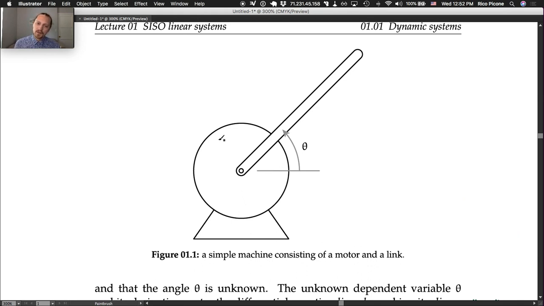We have a motor on some mount, and a link that's connected to the motor, pinned to the shaft of the motor, or coupled somehow to the shaft. As with most motors, we're going to have rotational motion of the link. So theta is going to be the variable that describes that angle of rotation.